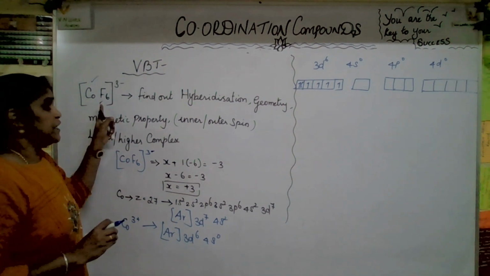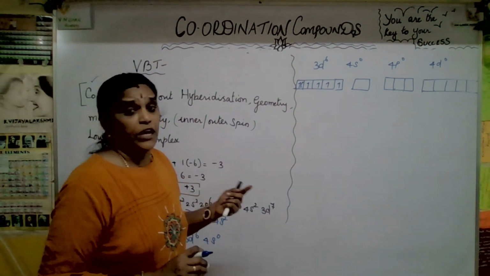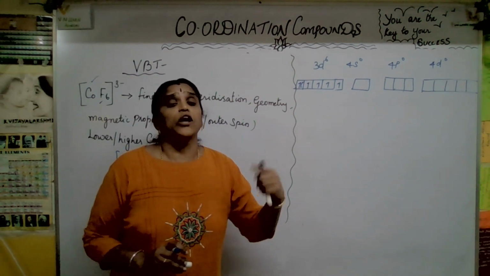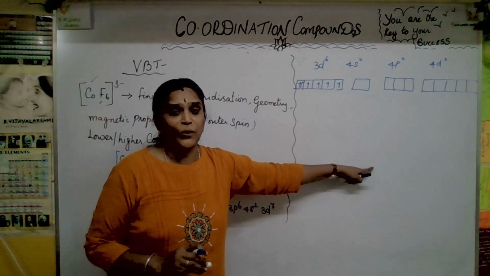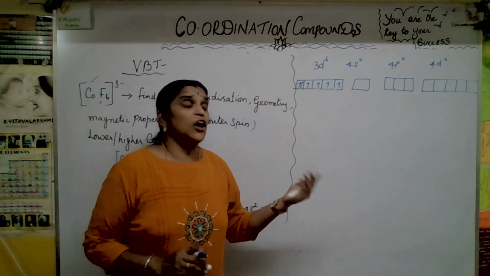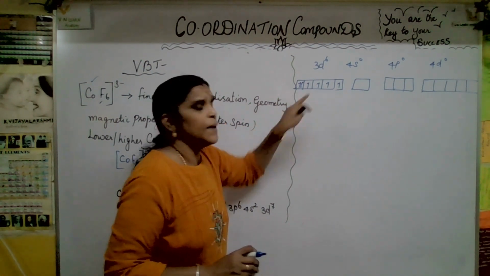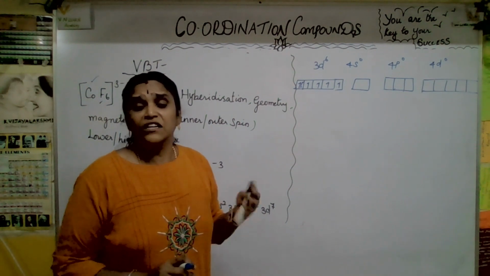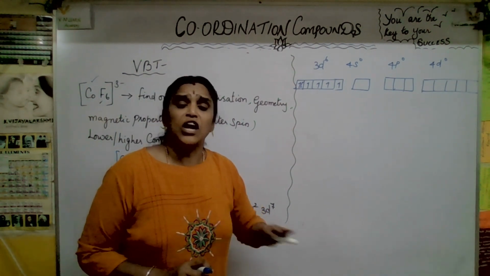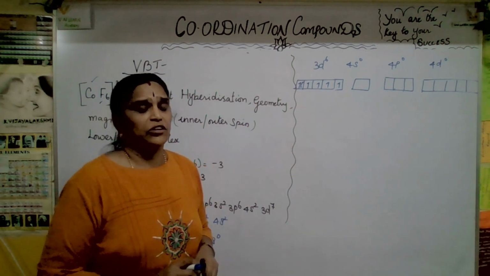This is weak field. The fluoride ion is a weak field ligand, so it cannot pair up. I have given you the clue tricks for this. Suppose if it could pair up, it would go and pair the electrons. But here the fluoride ion cannot pair, it does not adjust with that electron. So naturally unpaired electrons are there.